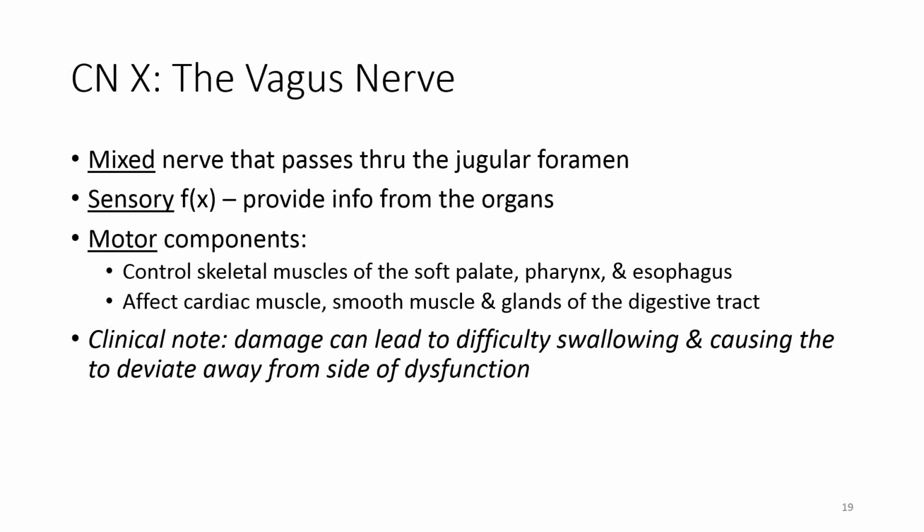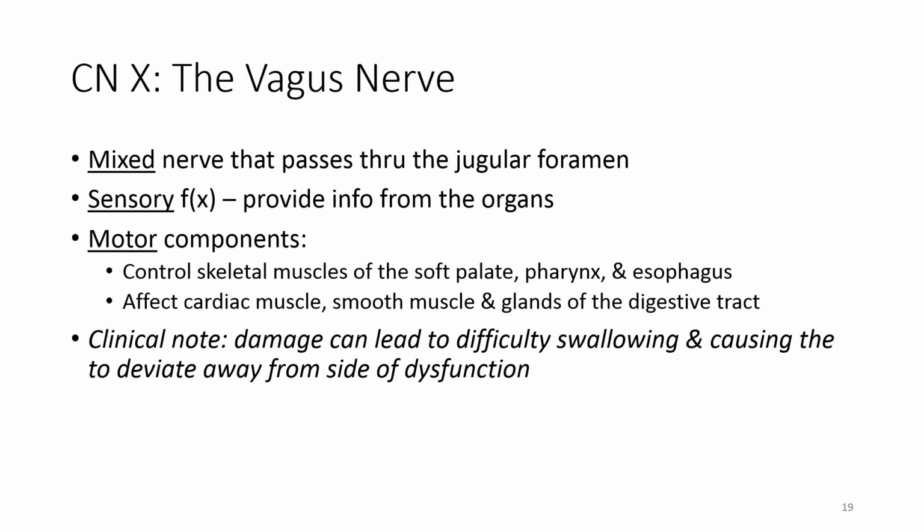So cranial nerve 10 is the vagus nerve, and this is again mixed, and passes through the jugular foramen. So think again about your inferior view of the skull. It has sensory and motor components, and the sensory part provides info from the organs, so this is going to be sensory information from the viscera that will then be transmitted to the hypothalamus and the cerebrum, where you can integrate that information and then respond to it.